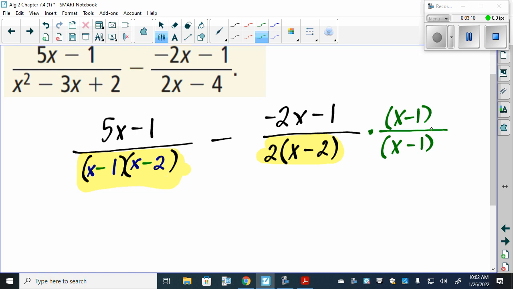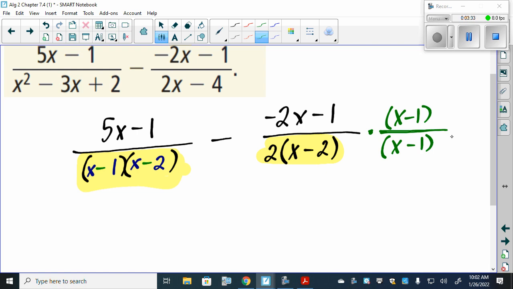The one on the right has 2 times x minus 2. They both have an x minus 2 one time, so we're good there. The one on the right is just missing the x minus 1, so I'll multiply top and bottom over itself. Now the right side does have everything that the left side has, yes?